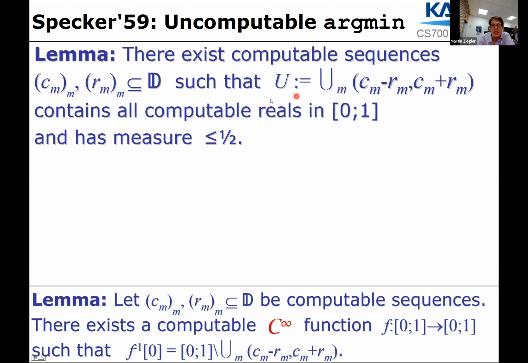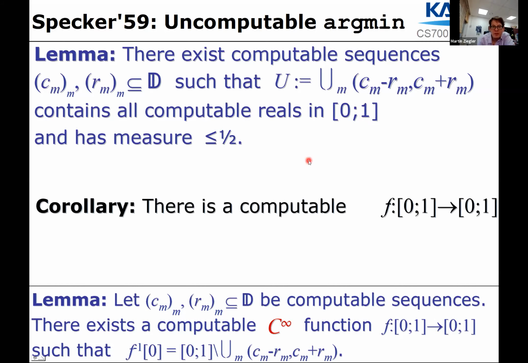Namely, the set which covers all the computable real numbers, where the function does not attain its minimum, must have measure less than 1/2, but the unit interval has measure 1. So the remaining numbers, which include all its roots, must have measure greater than 1/2. And we're going to prove that lemma on the next slide on Thursday.